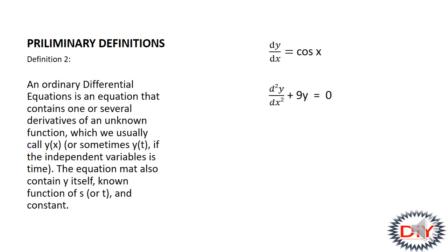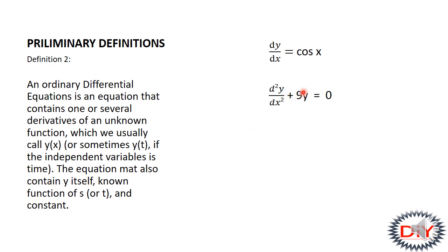Let's look at the second example, which is a little bit unique from what we saw in the first definition. We have d squared y over dx squared plus 9y equal to 0. This one is in the second derivative, and look here, we have the function of y. As the definition said, the equation may also contain y itself.